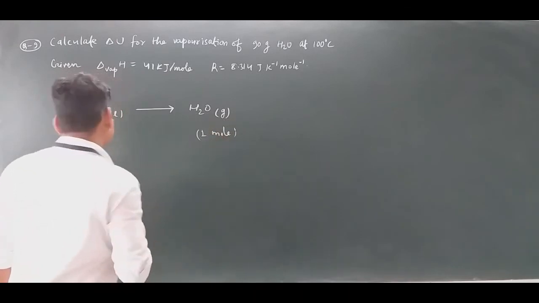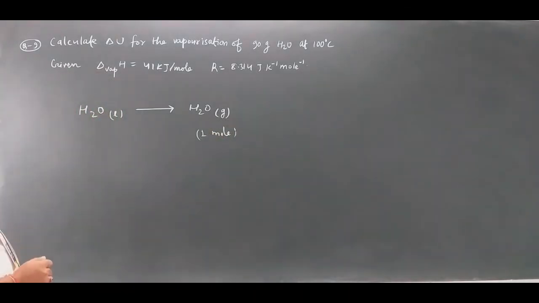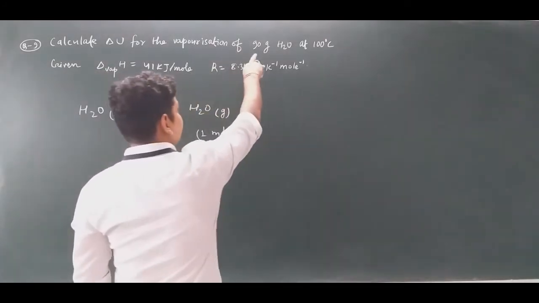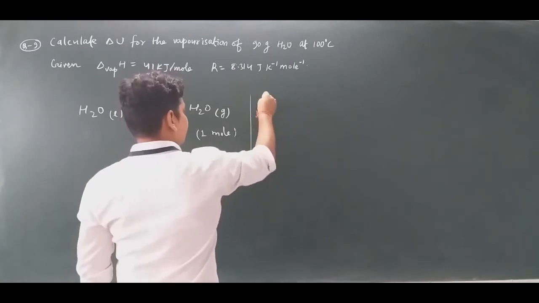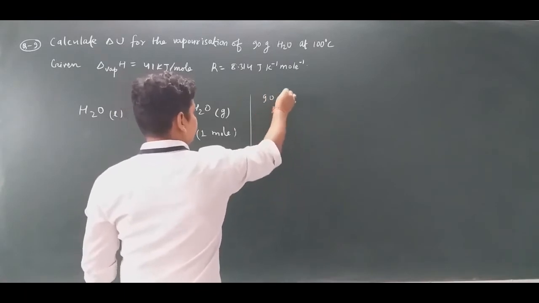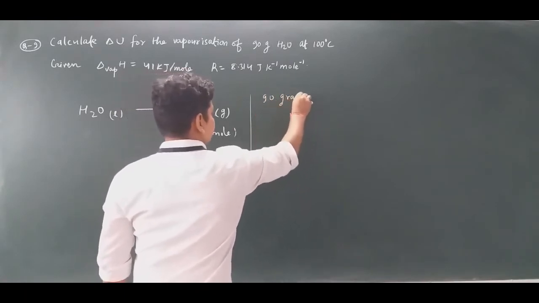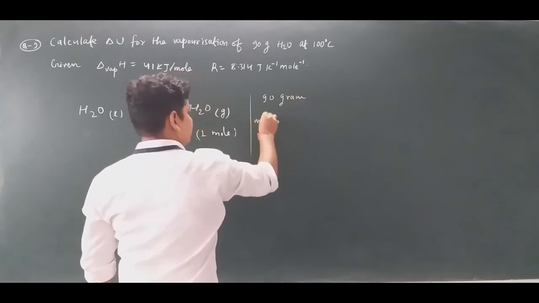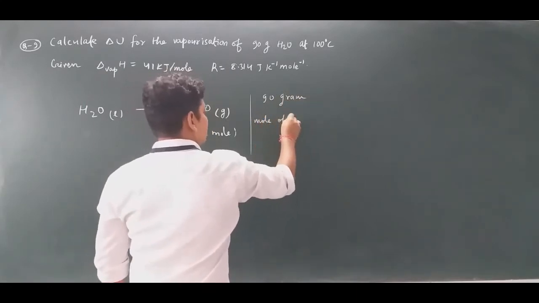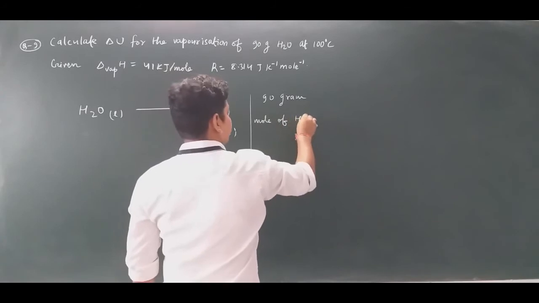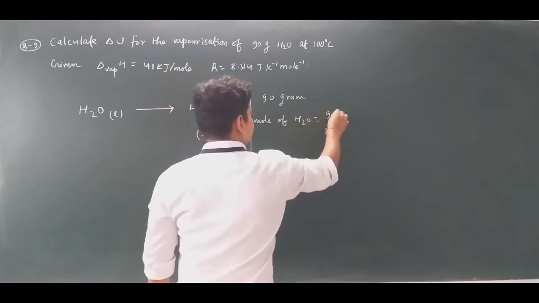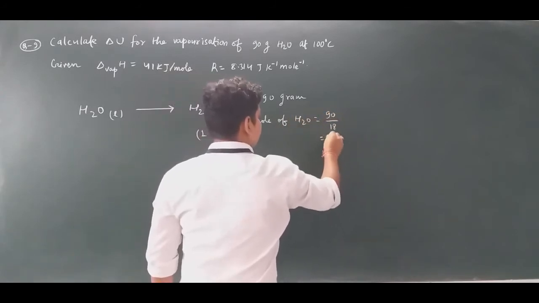Okay. So delta U they are asking, and the mole of water, 90 gram. See here, water is 90 gram. So moles of water is 90 by 18, that is 5 mole.